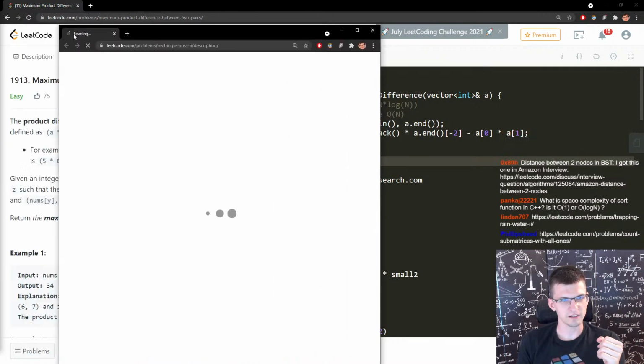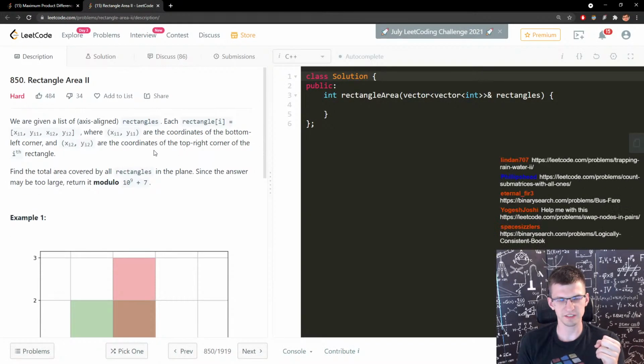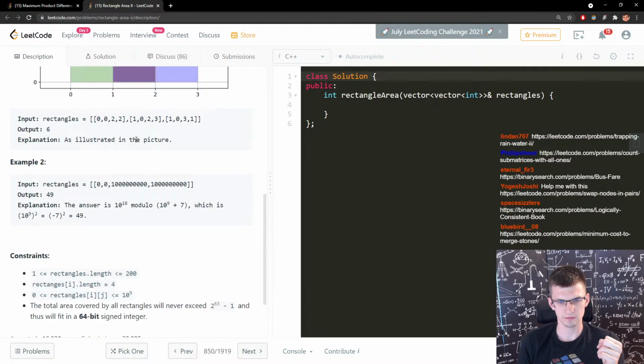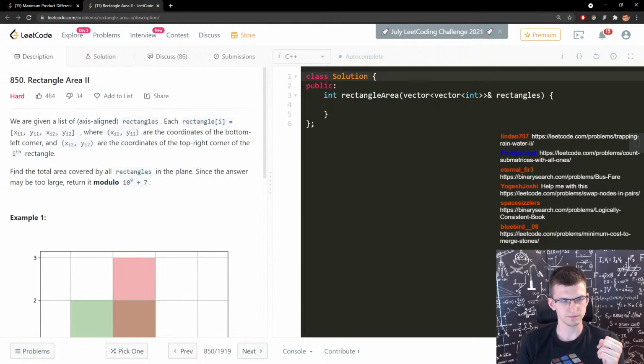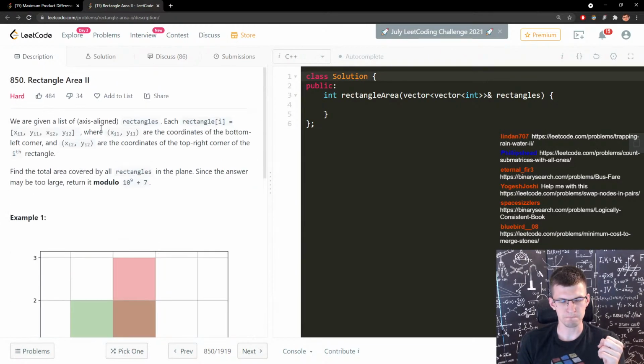Rectangle Area 2. Is it a standard max histogram problem? Maybe this. Okay, that's one candidate.